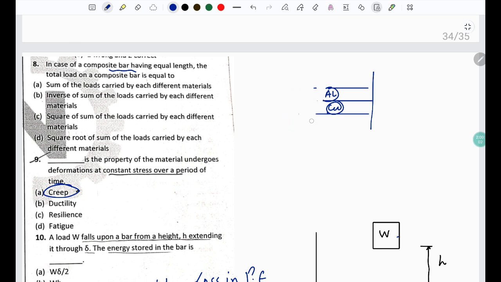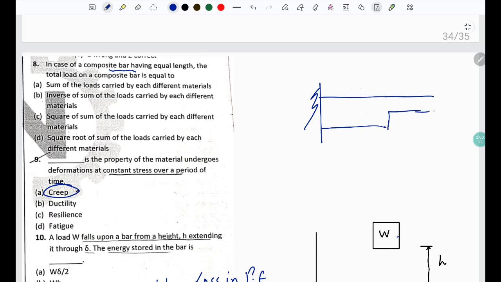Actually, this is not a composite bar. I would say that this is more like a composite bar. The sum of the load carried by each, the total load is sum of the load carried by different materials.